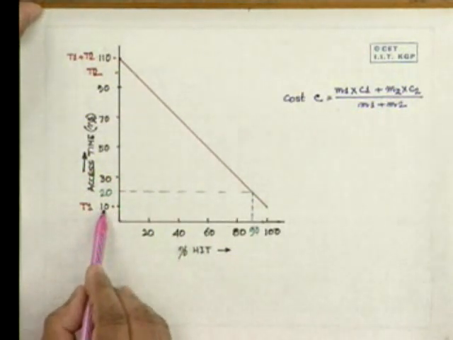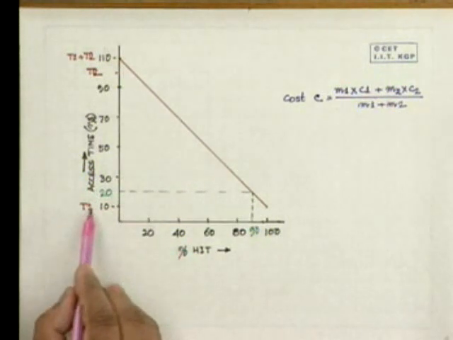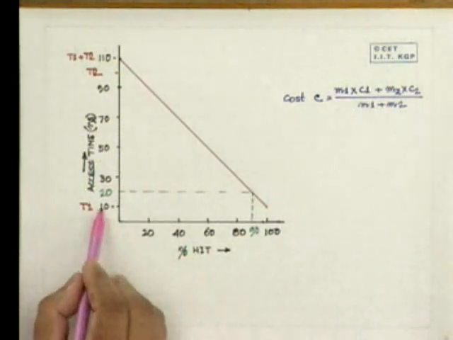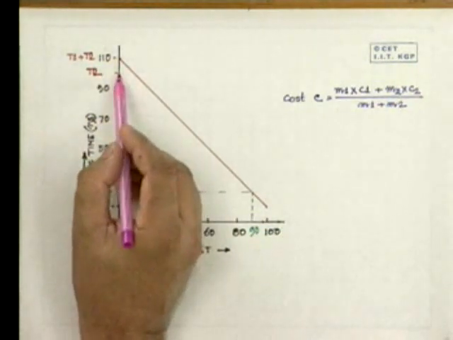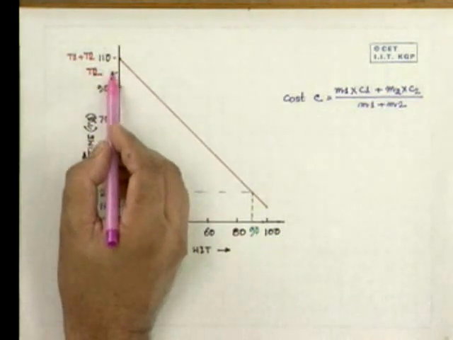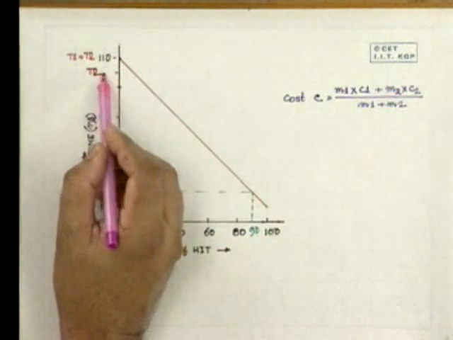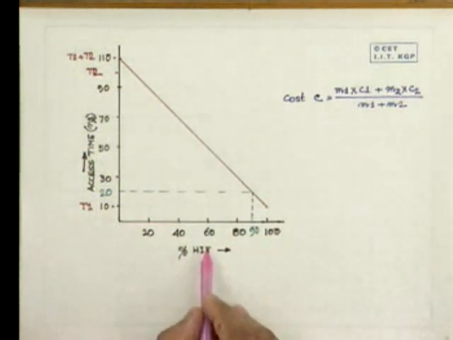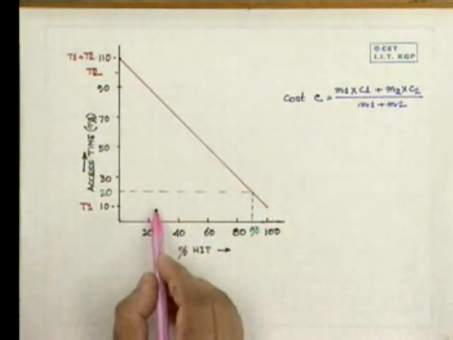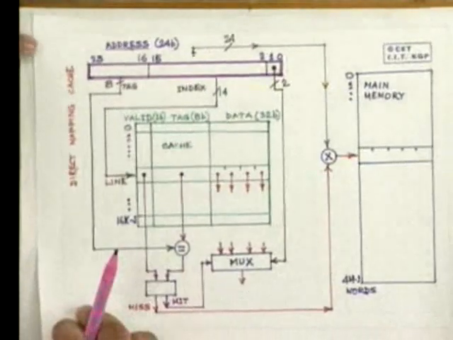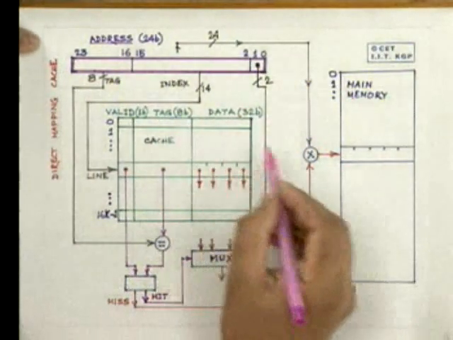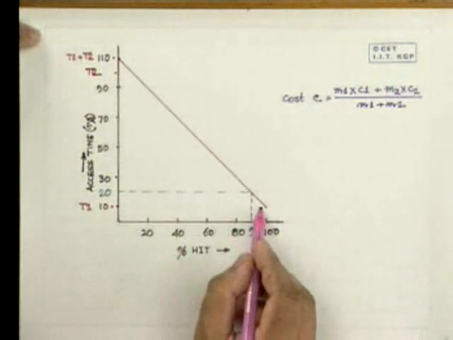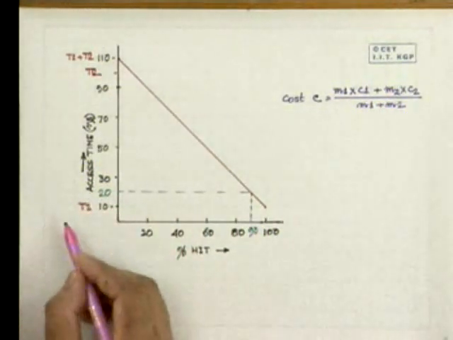Let us assume that the access time for the cache memory, T1, is 10 nanoseconds, a typical figure for SRAM, and the access time for the main memory, T2, is 100 nanoseconds, a typical figure for DRAM. Now, if the hit ratio is 100%, then you will always get the information in the cache, and therefore the access time will be 10, the access time T1.